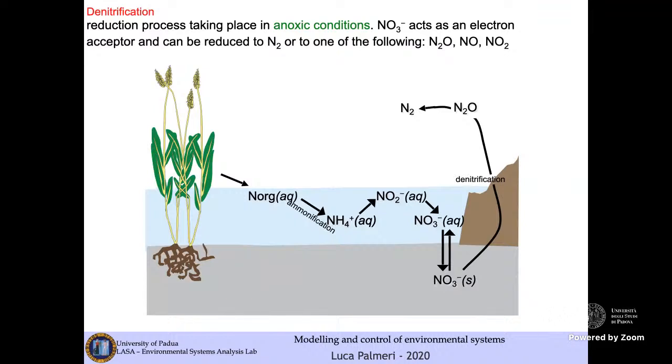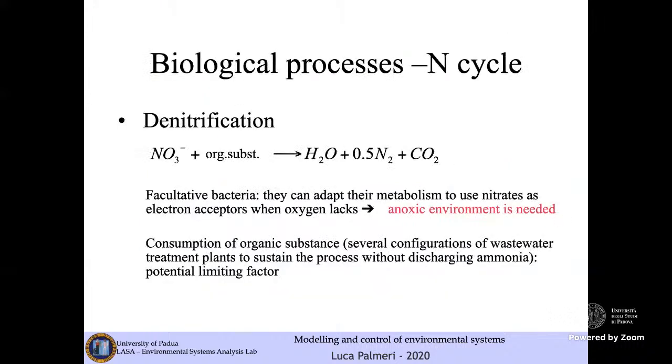Then denitrification, as anticipated, is the reduction process taking place in anoxic conditions, in which nitrate acts as an electron acceptor and can be reduced to nitrogen gas. So the only true, efficient way of removing nitrogen from an ecosystem is denitrification.